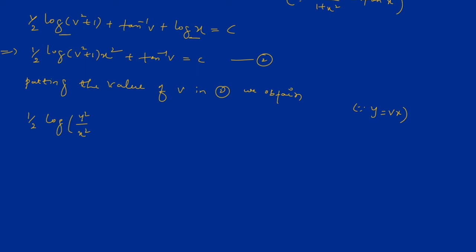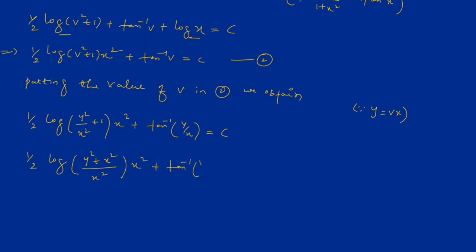So y square by x square plus 1, into x square, plus tan inverse of y by x, which is equal to c. So 1 by 2 log of, cross multiplying, y square plus x square upon x square, into x square, plus tan inverse of y by x, which is equal to c. Here x square gets cancelled. 1 by 2 log of y square plus x square plus tan inverse of y by x, which is equal to c, right?